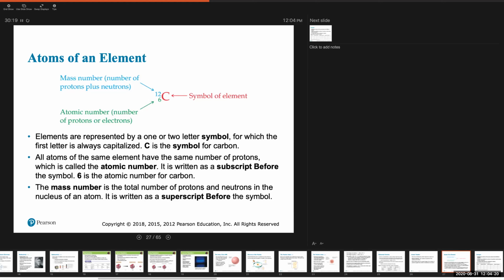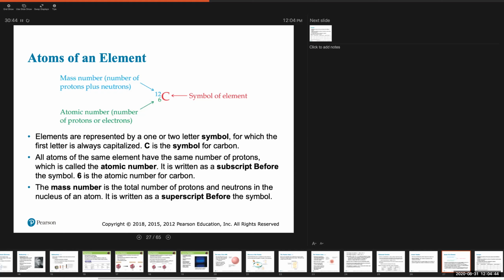So just with this little designation, a C with a 12 and a 6, we get a lot of information. We get another thing too. Can anyone tell me how many protons, I mean, how many neutrons would be there? 6. How did you know that? 12 minus 6, so it would be 6. Yeah, exactly. We know that mass only comes from protons and neutrons.